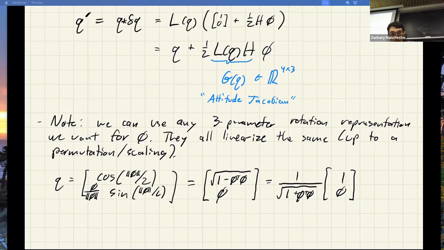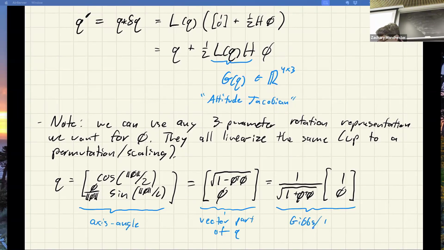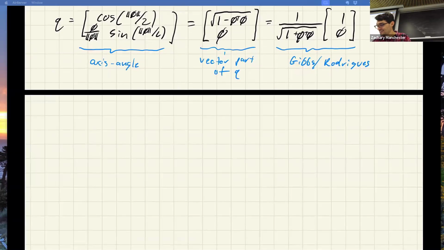Cool. Okay, so let's see what this is. Axis angle, which we already talked about. This is the vector part of Q. And then this one is the Gibbs vector, or Rodrigues. I always get that messed up. That's the French Rodrigues, it ends with an S instead of a Z. Okay.